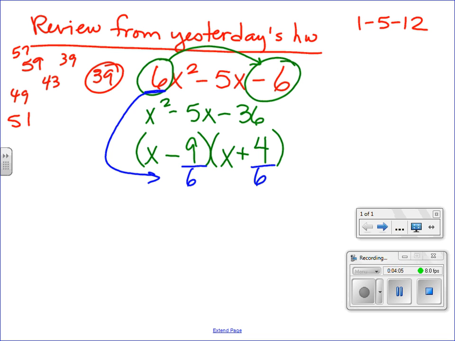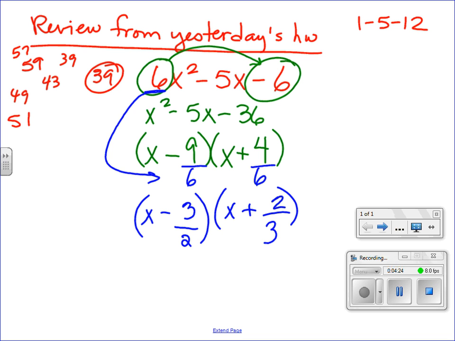So 9/6 becomes what? 3/2, right? Because I want to keep it as an improper fraction. And 4/6 becomes what? 2/3. Do y'all see how I'm writing those fractions kind of jacked up like that? I'm doing that to remind myself that I have to take this number, that denominator, and throw it in front.